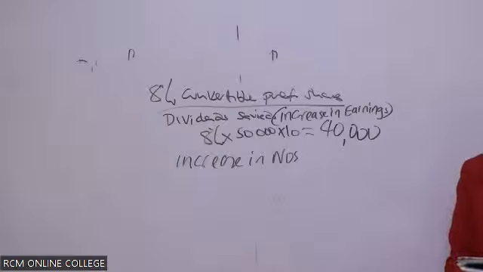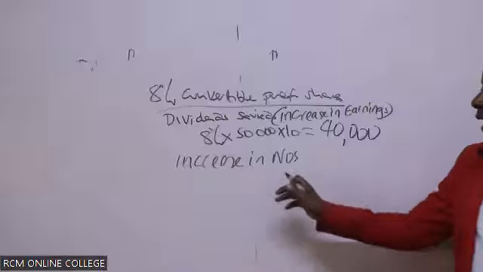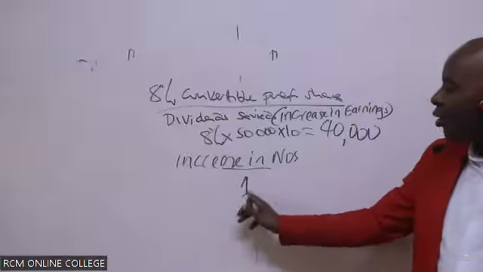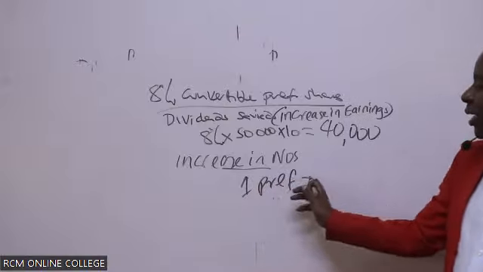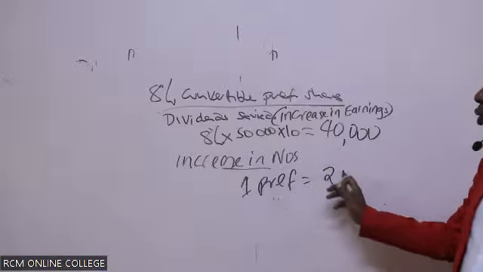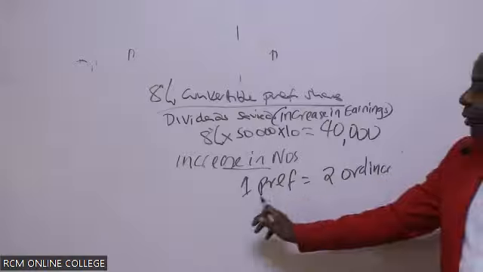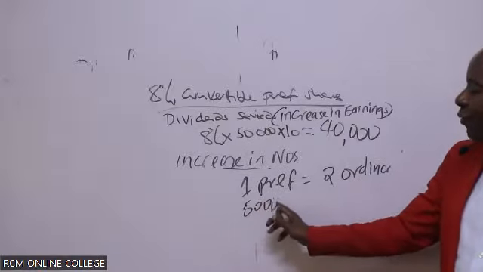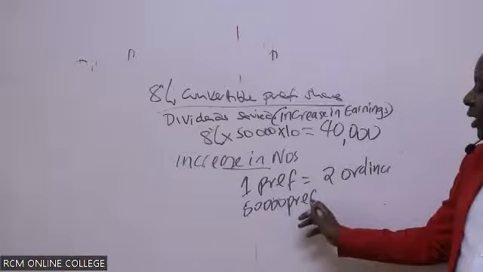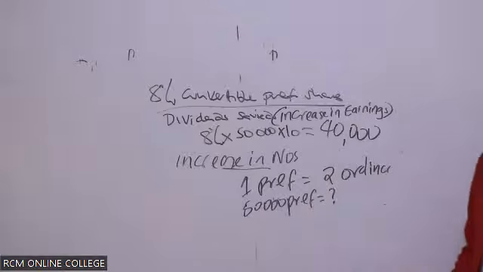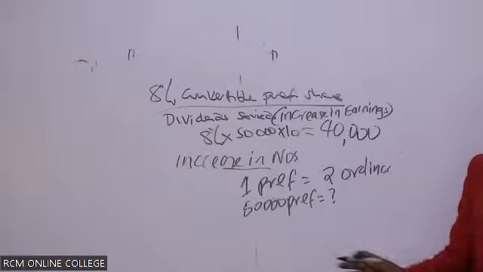Because they've told me each preference share is convertible into 2 ordinary shares. So 1 preference share equals 2 ordinary shares. And how many preference shares do we have? They have 50,000 preference shares. So that will give me how many ordinary shares if they convert today?